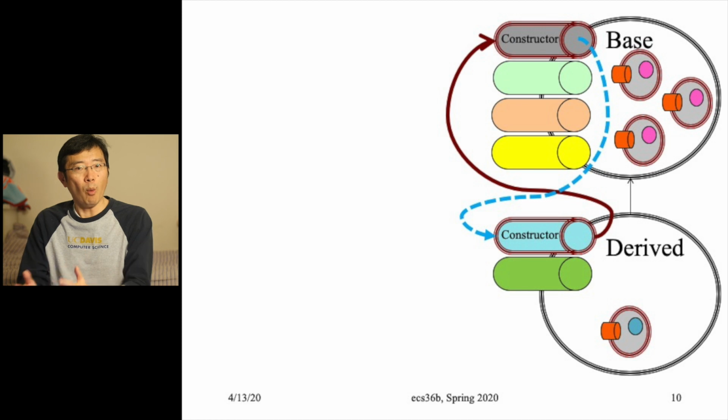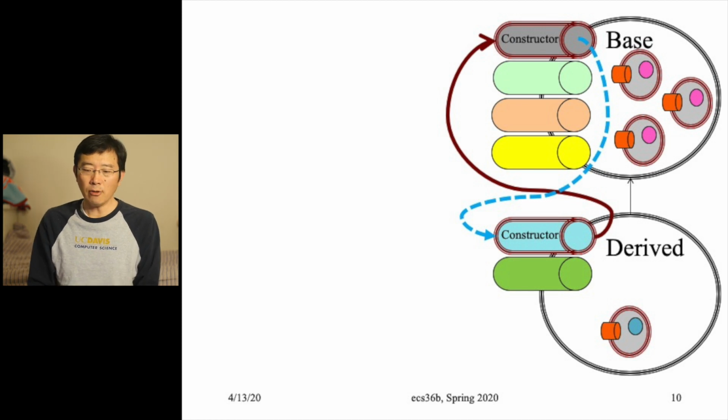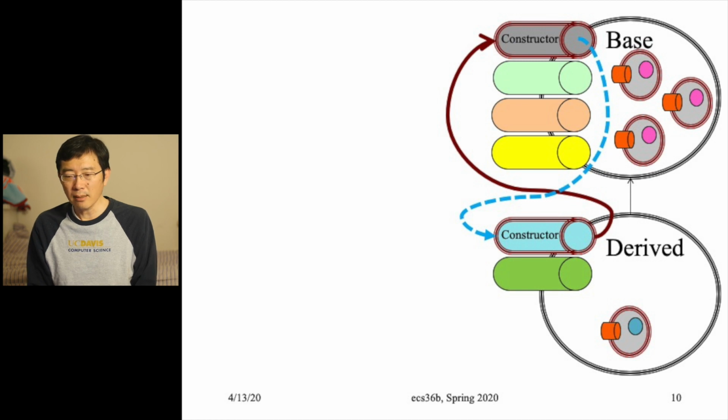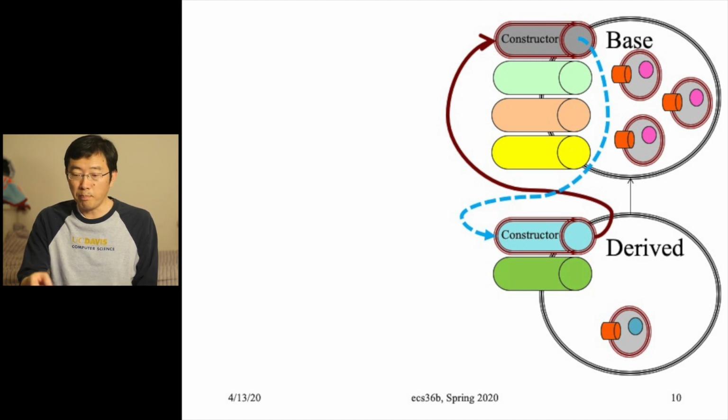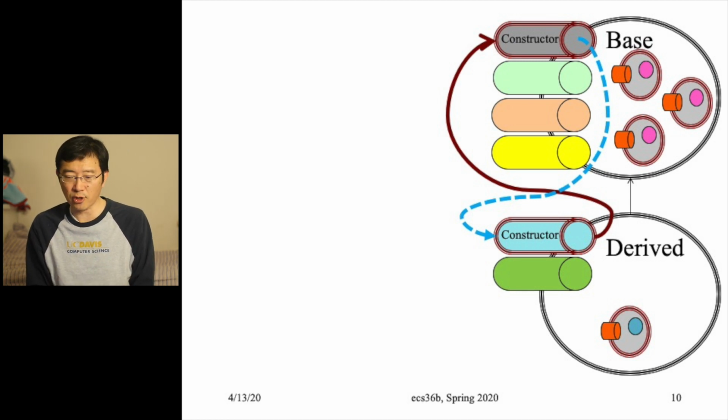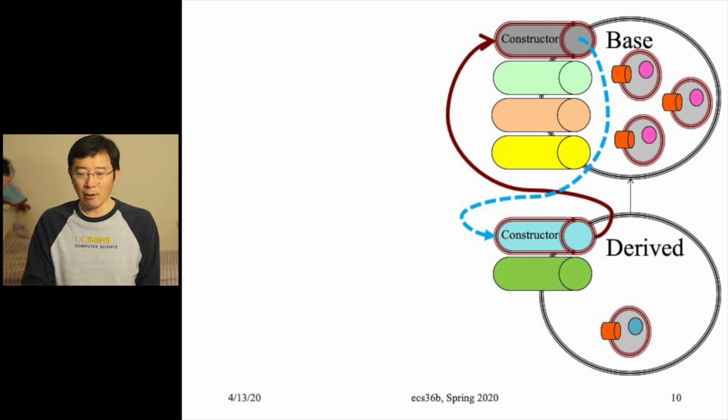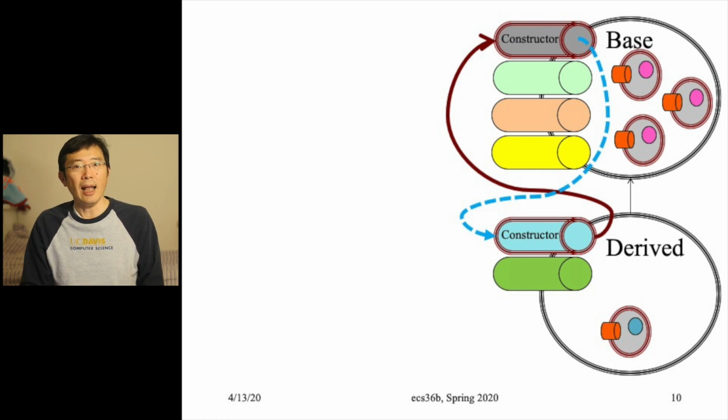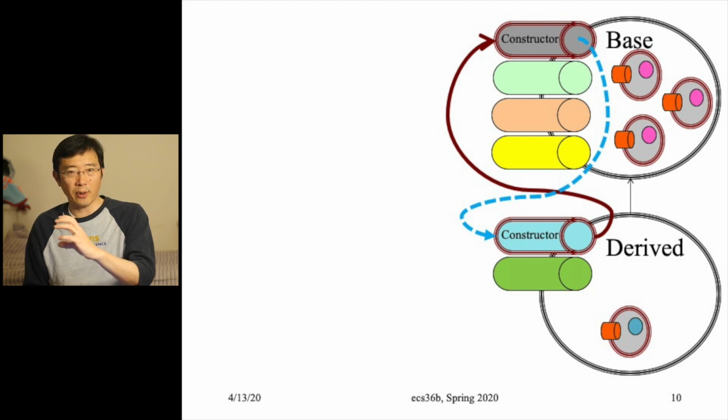And okay, once you create it, now you can access the interface of both the base and the derived class. For example, in the base, now I have 4 different member functions. In the derived, I have 2 member functions. And now you can call them as if they are 2 separate objects.